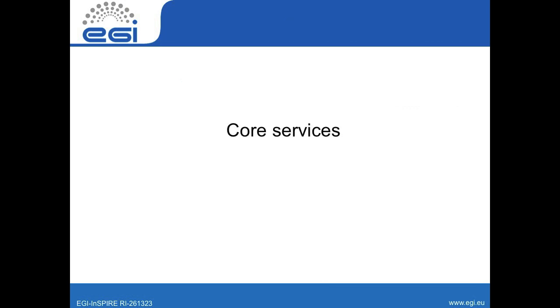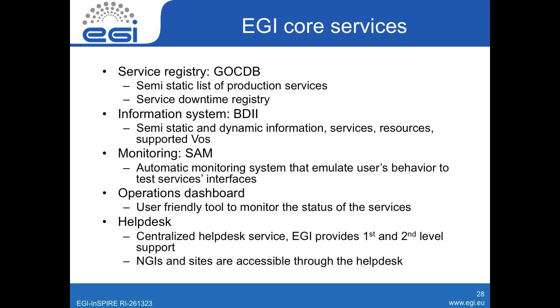So what are the core services provided by EGI? There is a set of core services that EGI is providing centrally or that are distributed, provided by the NGIs, but they are basically these. For resource discovery, service discovery, we have a central service registry called GOCDB. It's a semi-static list of production services.